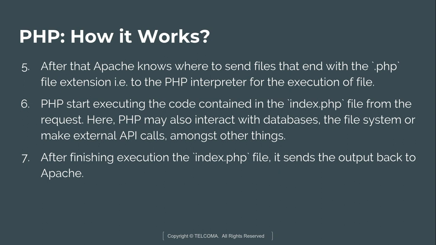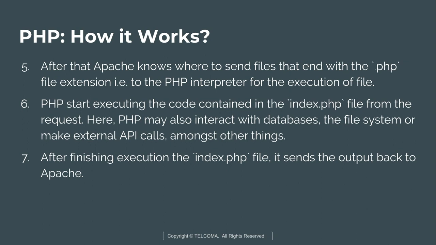It can interact with the database for other information, extract information from the file system, or make external API calls to other things connected to the Apache server or the PHP interpreter. After finishing execution of the index.php file, it sends the output back to Apache.